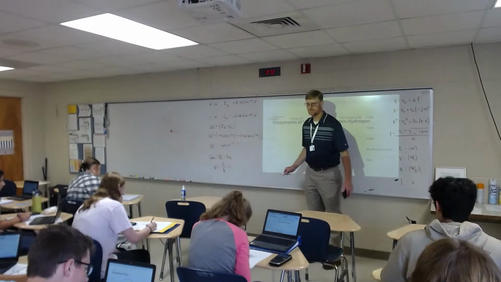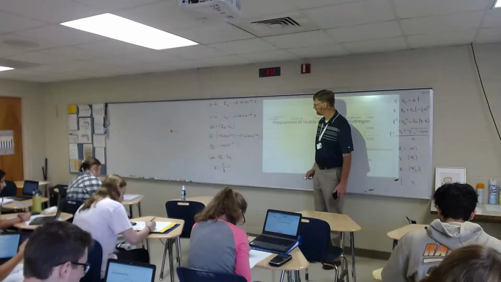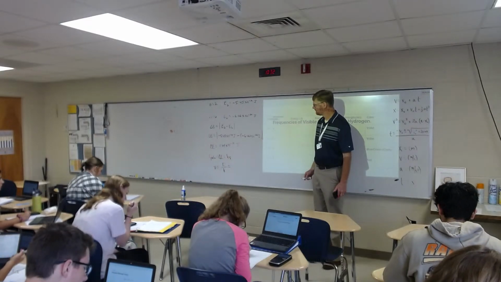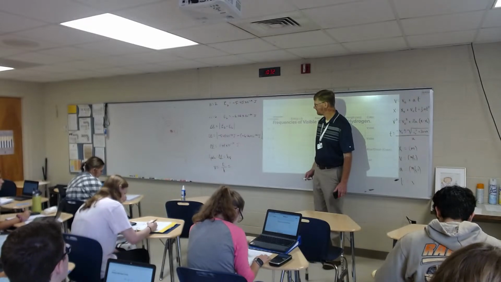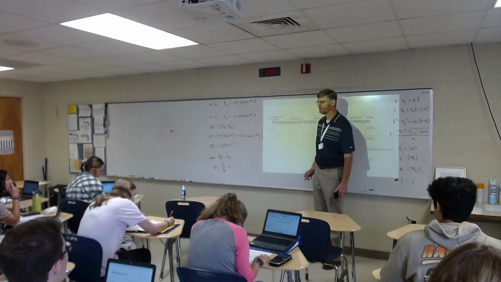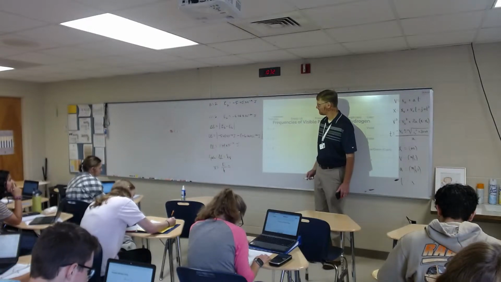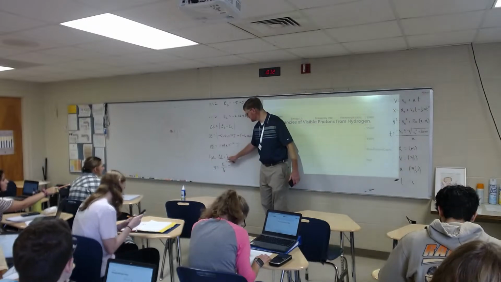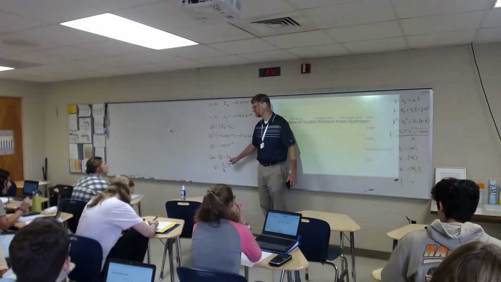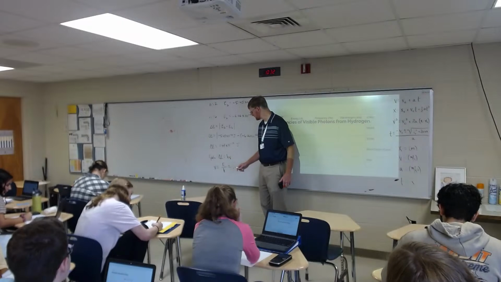Everybody good with that? The E photon is 4.84, right? And then it just equals everything. Well, delta E is also equal to h nu, that's Planck's equation, or now Einstein's equation.